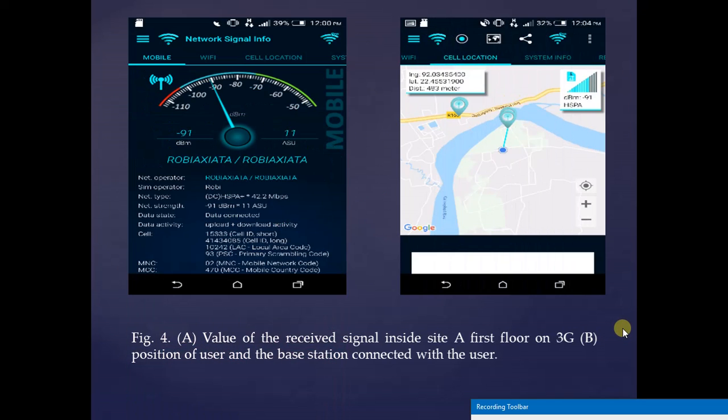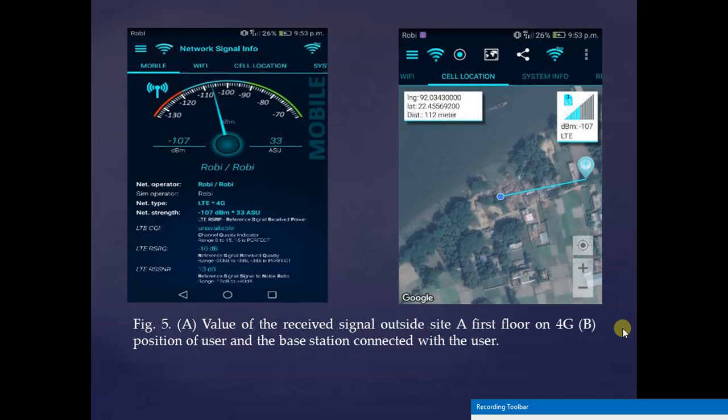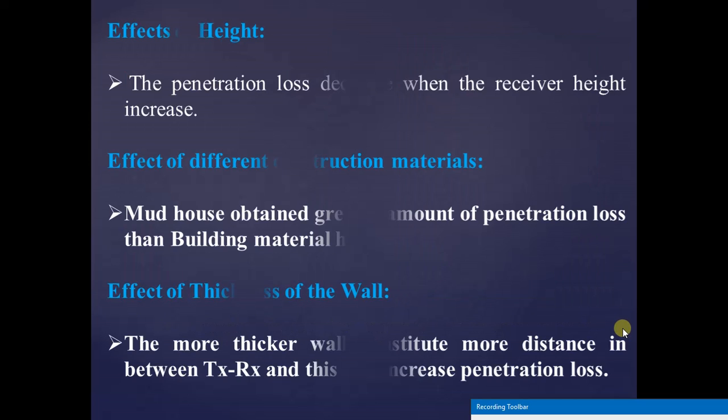So here are the Android phone interfaces for the penetration loss determination in figure 4, and in figure 5 are shown the Android app interfaces by which we determined our penetration loss.